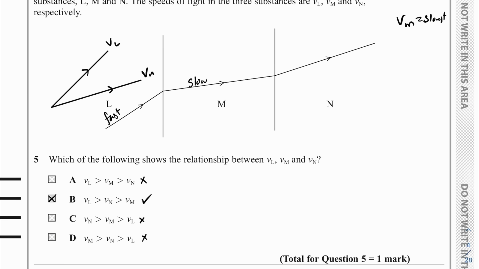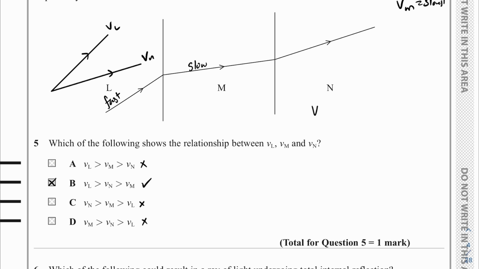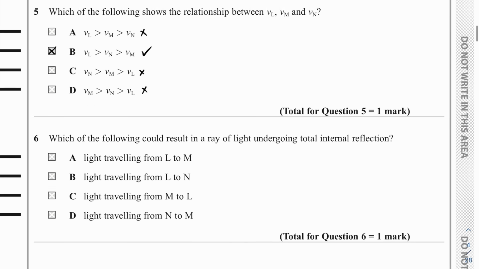But we can also figure it out by saying that VL is the greatest speed, then we have VN, then we have VM. So we are sure about the last one and the first one, so we can easily conclude it's B. Now, the next part says what?